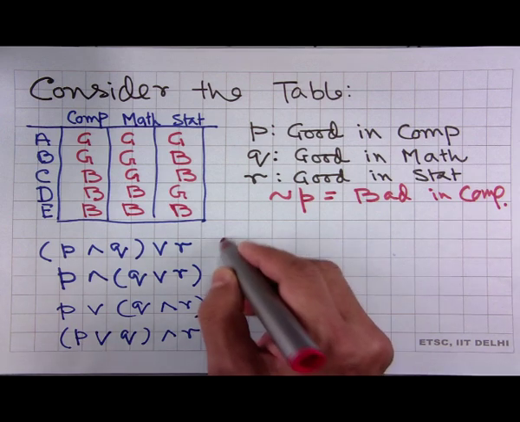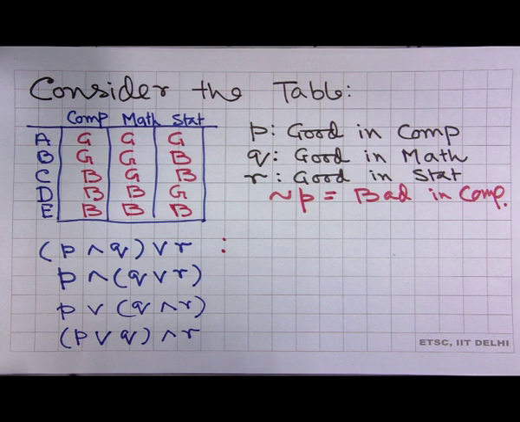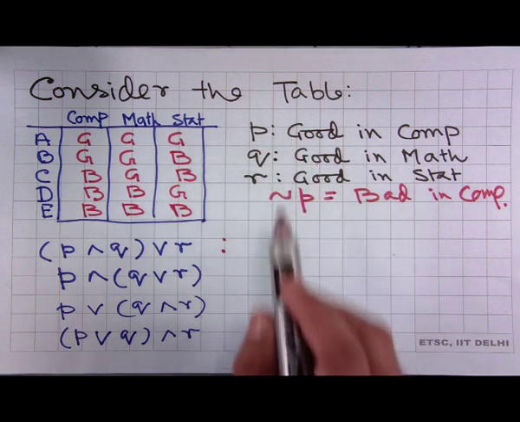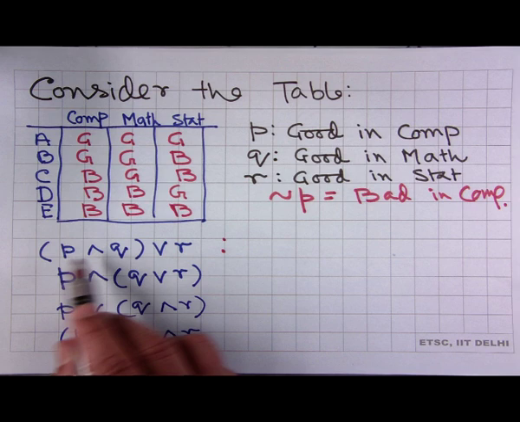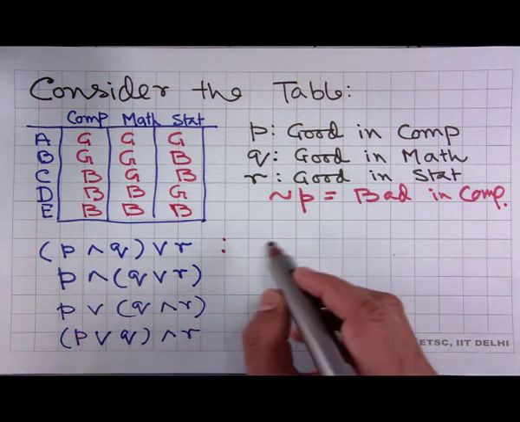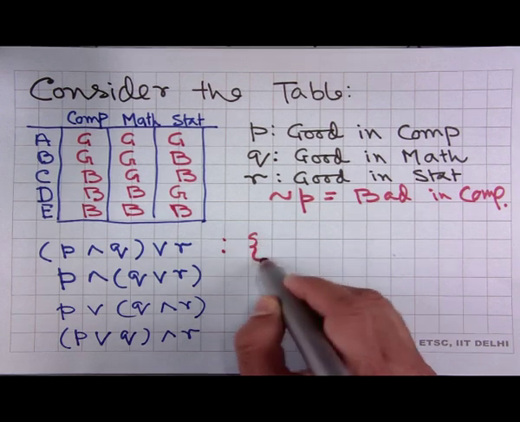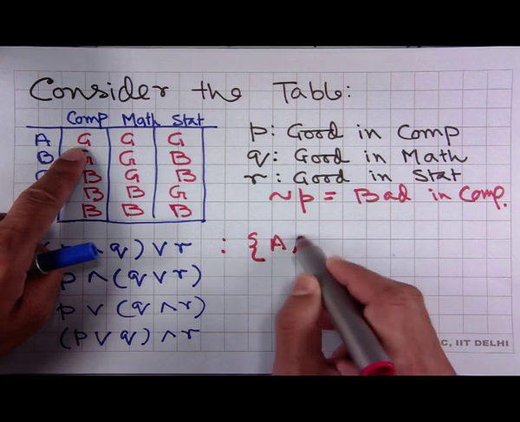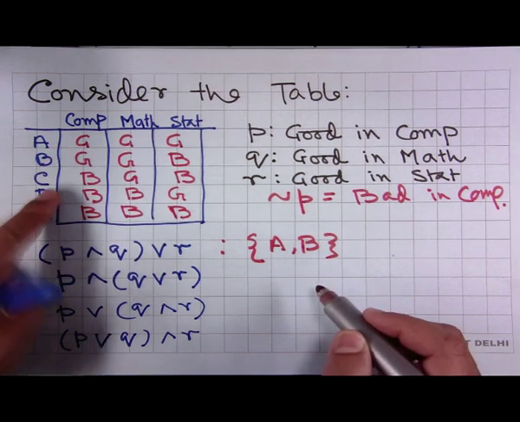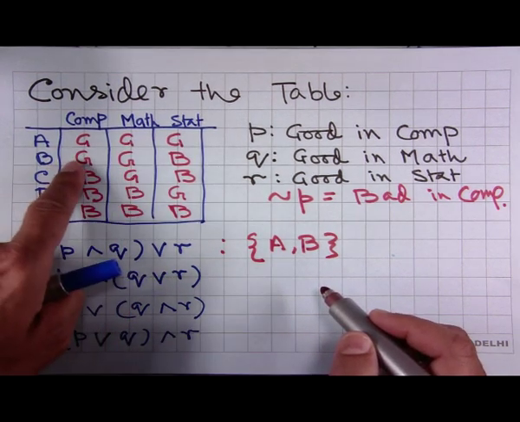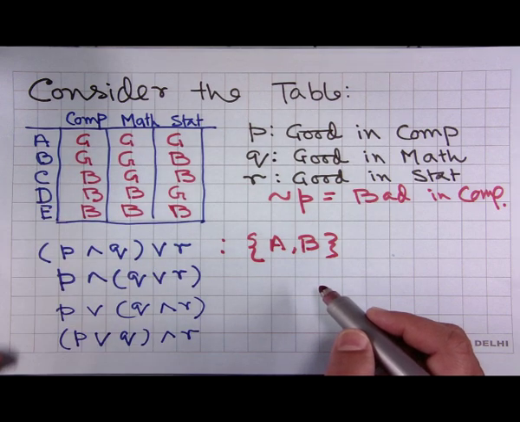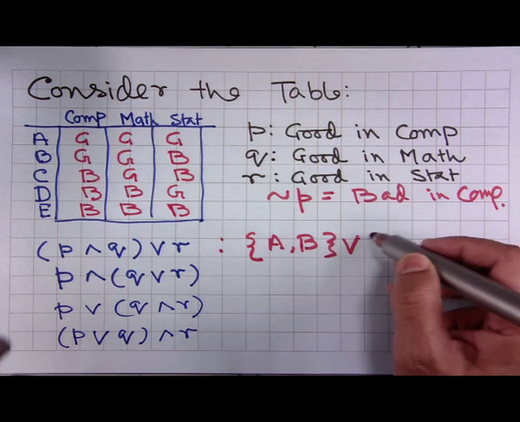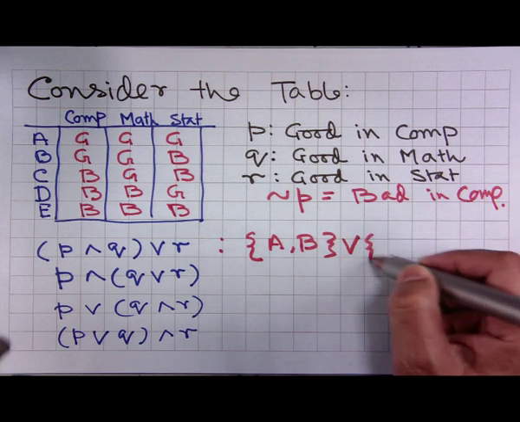So, P and Q means who is good in both computer science and math, P and Q. So, both of them have to be true. So, we can write P and Q, the truth set is A, comma B. B also is included because it is good in both. Or R. What is R? R is good in statistics.